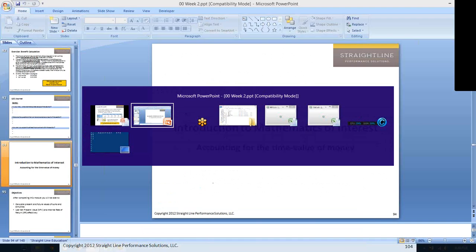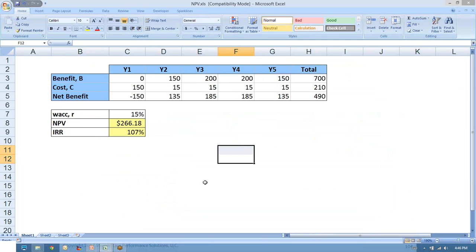Okay, so let's take a look at what this is in Excel. You'll see that what I've got in here is the same values that I had on the spreadsheet. So imagine this is your project in terms of the benefits it's going to deliver year 1, year 2, year 3, year 4, year 5. Whatever your project is, it could be installing a piece of software to make call center actions less costly.